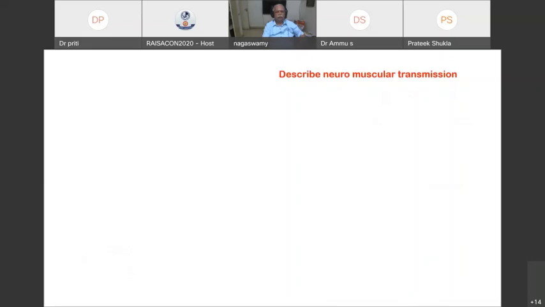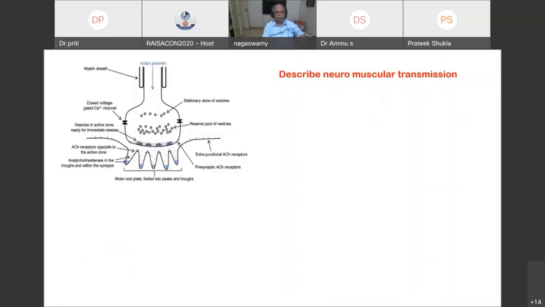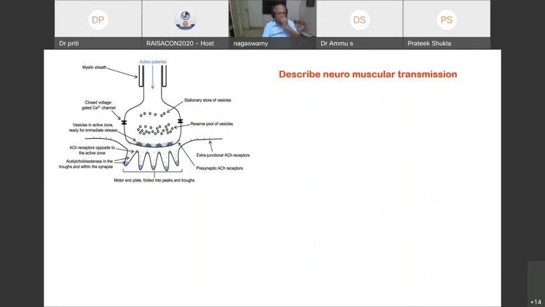Describe neuromuscular transmission. This is a very easy question. So how can you answer this? How does normal neuromuscular transmission take place?